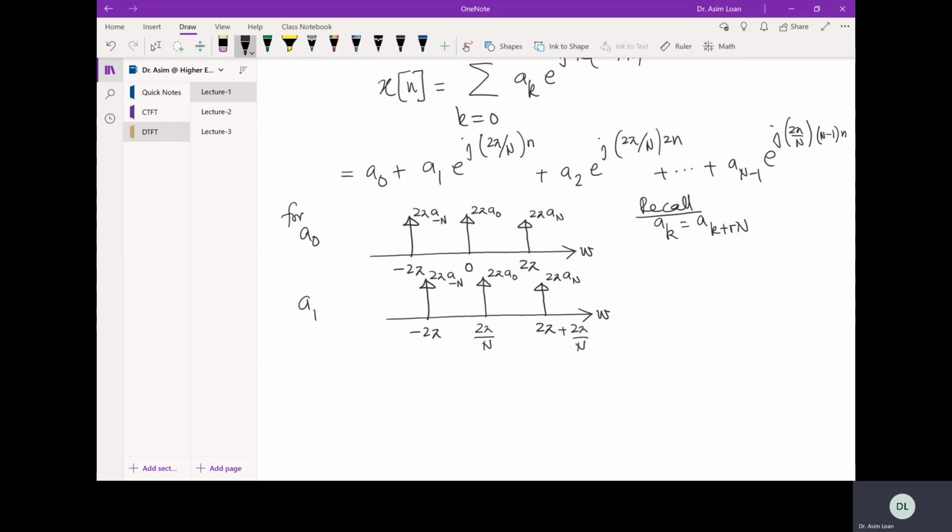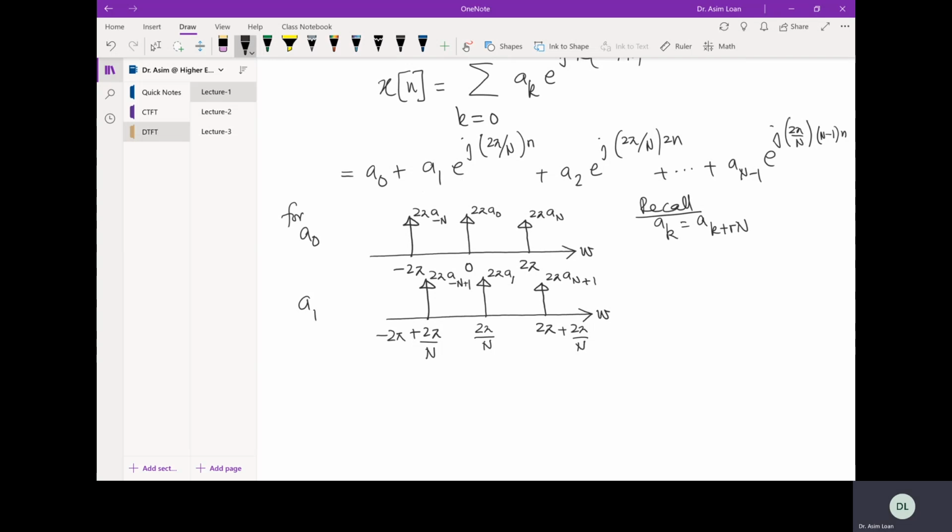This becomes minus 2 pi plus 2 pi by n. This is for a1. This one becomes a1. This becomes a of n plus 1. This becomes a of minus n plus 1. Right? So this is shifted.